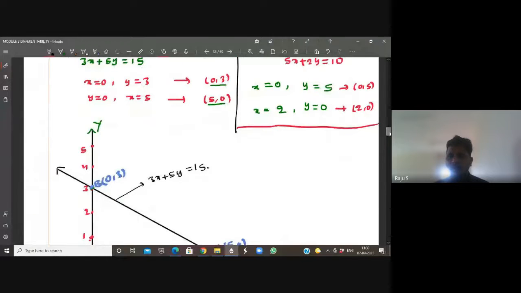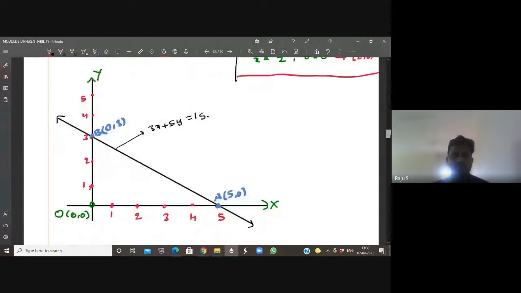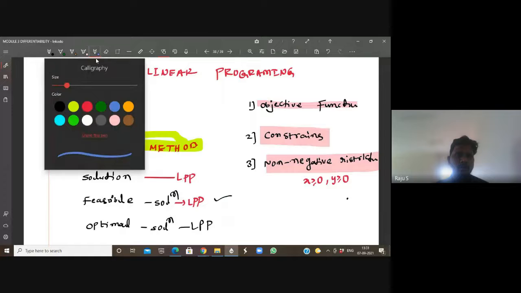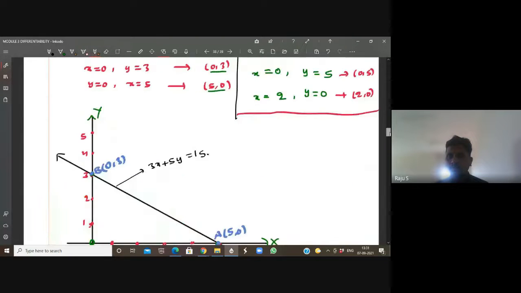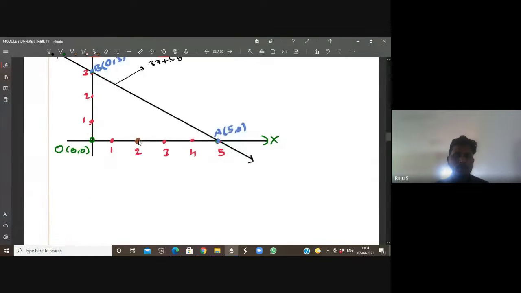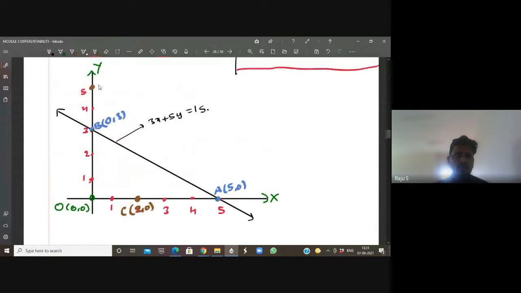The points on the coordinate axis are (2, 0), (0, 5). (2, 0) will be here. This point you can take as C, (2, 0), and (0, 5). Point D is (0, 5). Okay, join them.